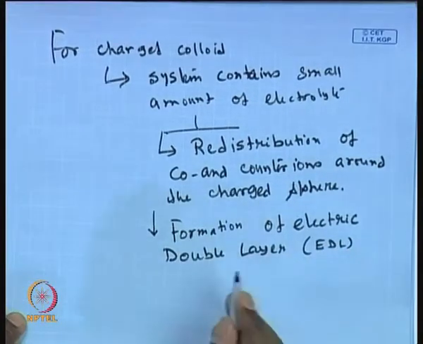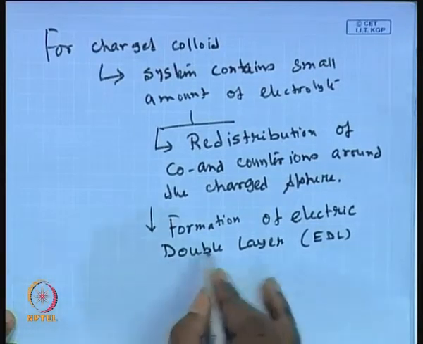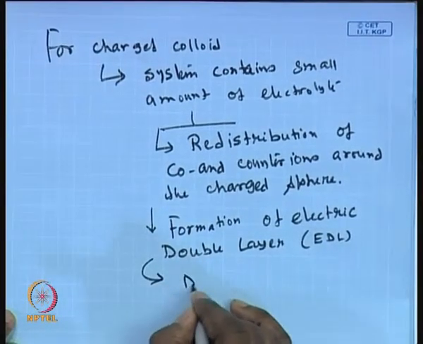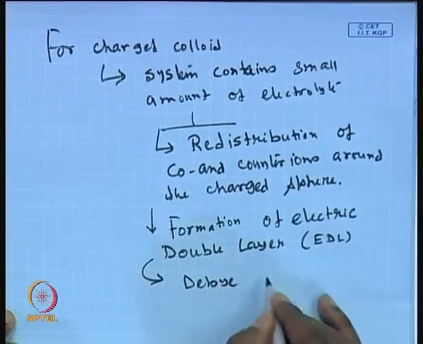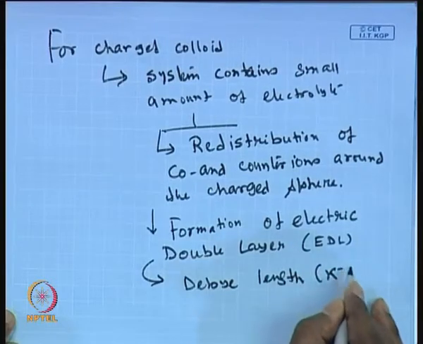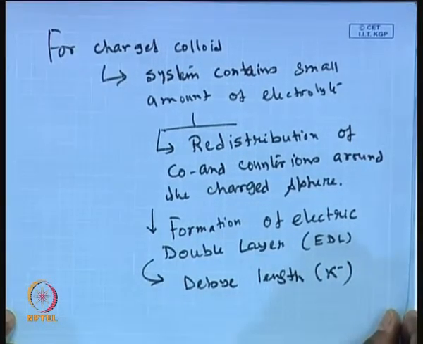EDL. Okay. Now, once you get the electric double layer formation, you can find out the Debye length. We have already done all these calculations earlier. The Debye length corresponds to the concentration of electrolyte present in the solution.